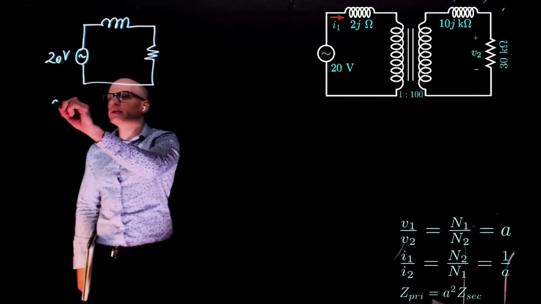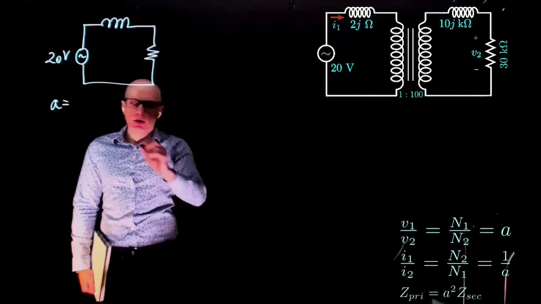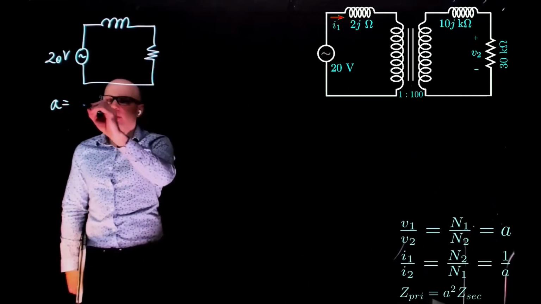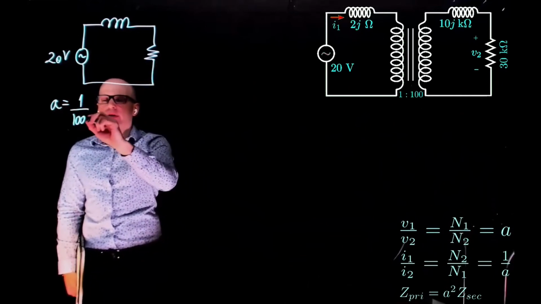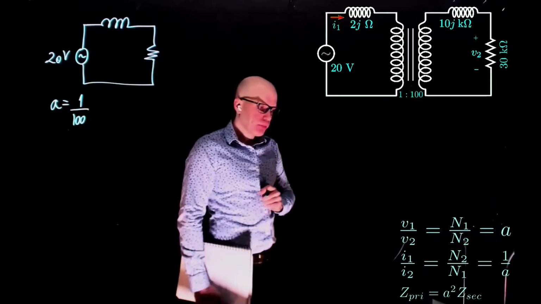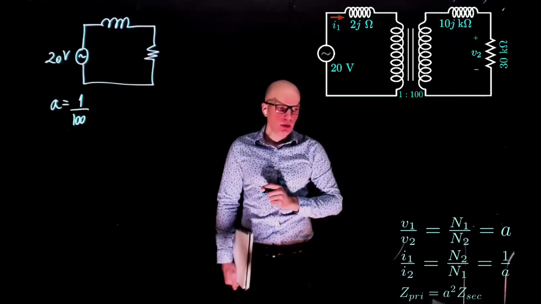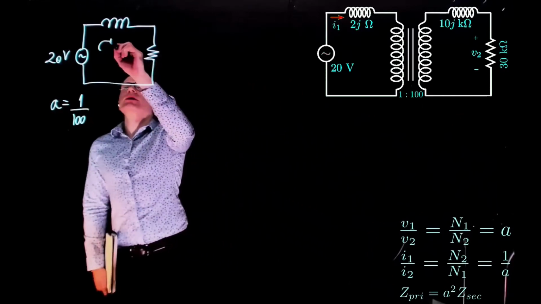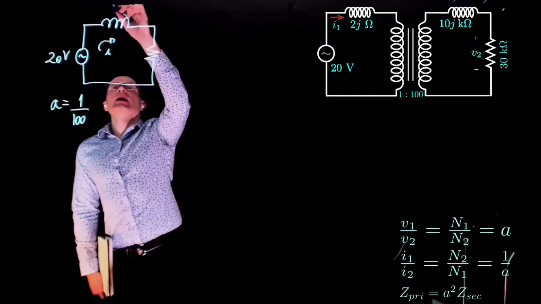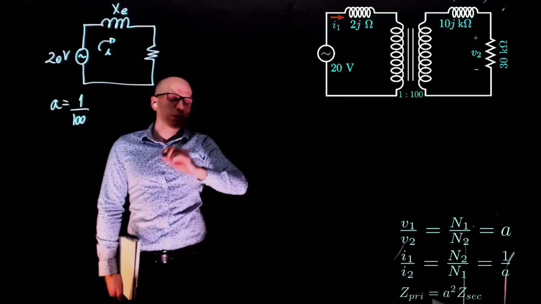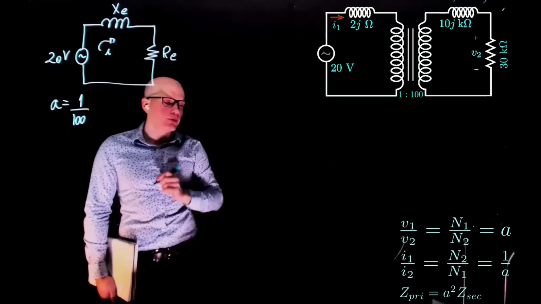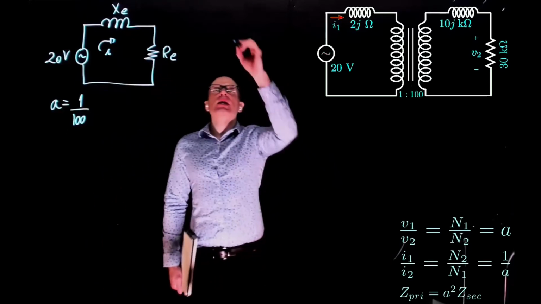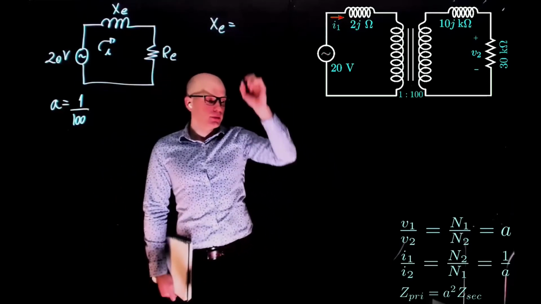We have a turn ratio of N1 divided by N2, that is 1 over 100. We now can have a current here, I, and let's call this X equivalent and R equivalent. What is X equivalent?